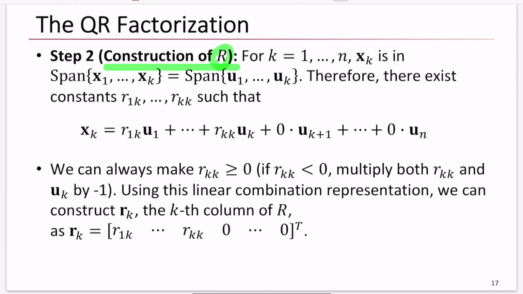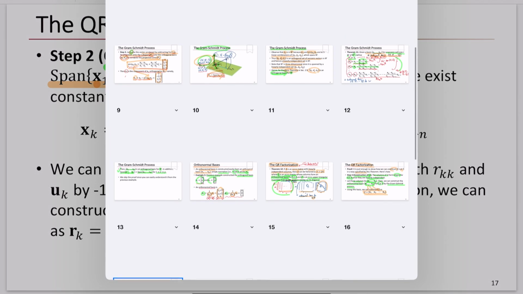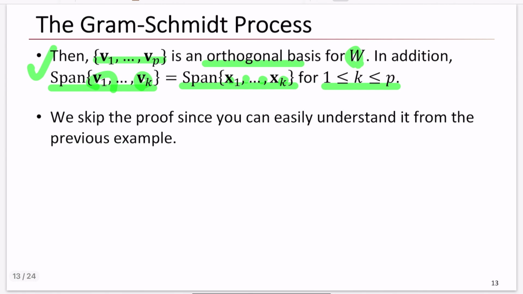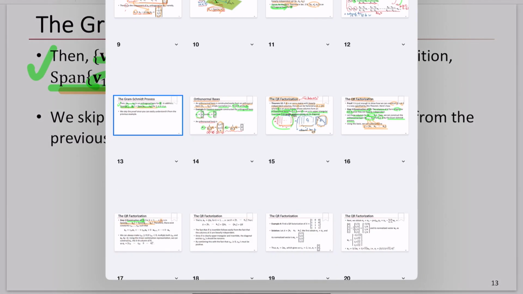Construct matrix R. In the Gram-Schmidt process, we assume that for k equal to 1 to n, xk is in the span of x1, x2, ..., xk, which is equal to the span of u1, u2, ..., uk. I just found that, and we already knew that.